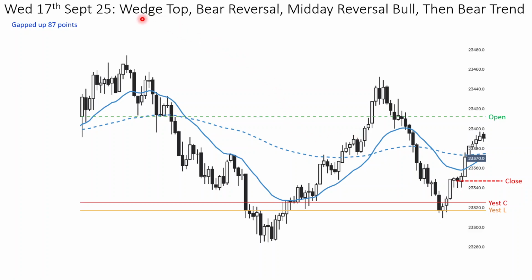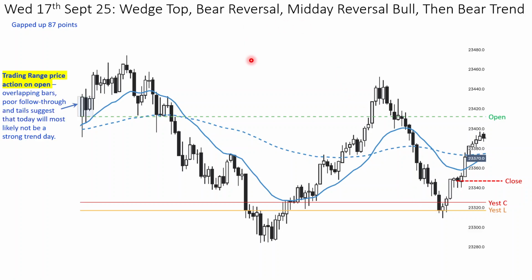We have overall a wedge top followed by a bear reversal, possible lower high major trend reversal here, down into a bear trend, down to a test of yesterday's close and yesterday's low, which then gave a midday reversal into a bull trend, and then another reversal down into a bear trend towards the end of the day.